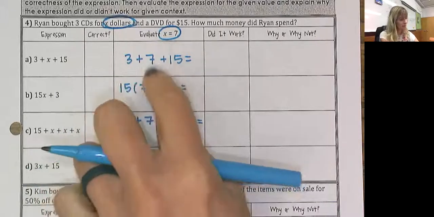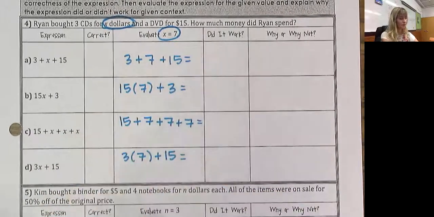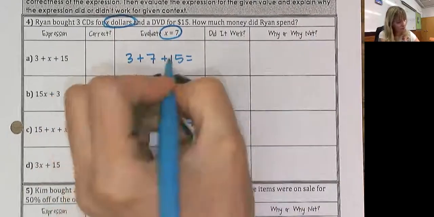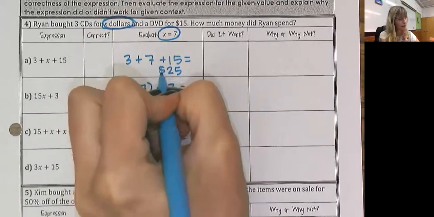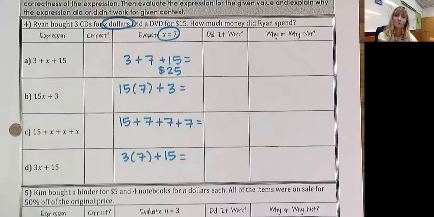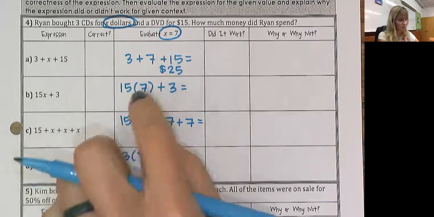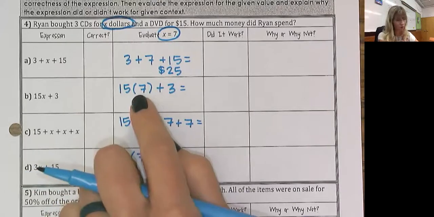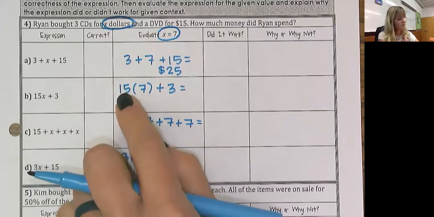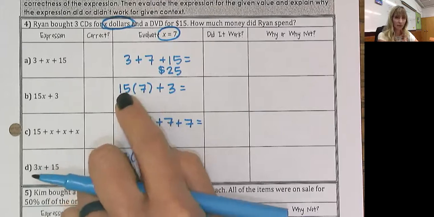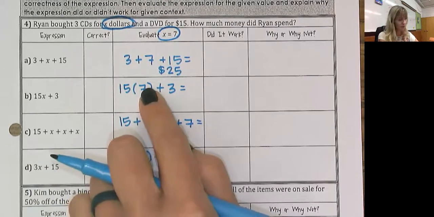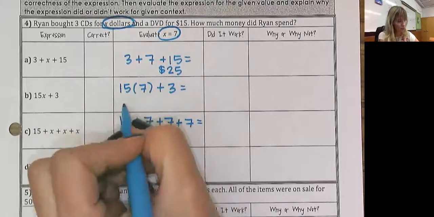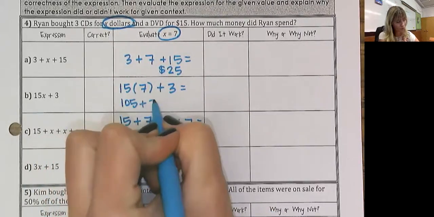3 plus 7 plus 15. Okay, 3 plus 7 is 10, and 10 plus 15 is 25. If this expression is true, then Ryan spent $25. Does that answer make sense? I don't know, let's check some other ones. If this expression is true, 15 times 7, well, I do 10 times 7 is 70. 5 times 7 is 35. 70 plus 35, that's 105 plus 3.